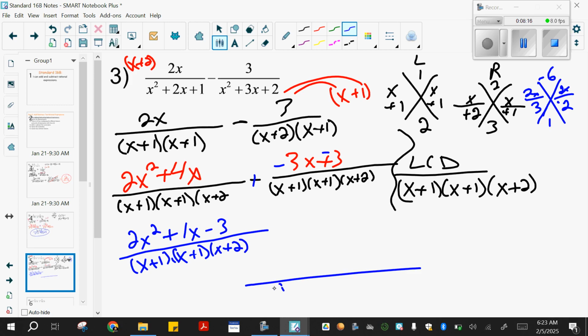So now I have x plus 1 times x plus 1 times x plus 2. I have 2x plus 3 on the top, and the other side, 2x minus 2 is going to turn into x over negative 2, so x minus 2.